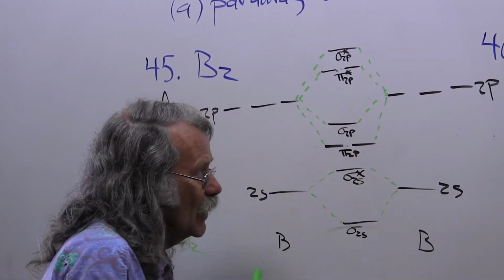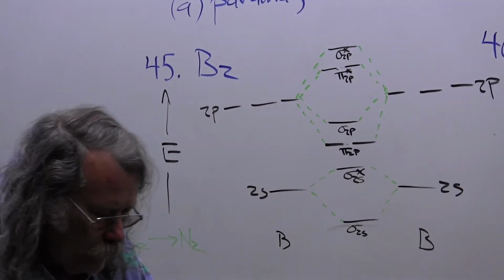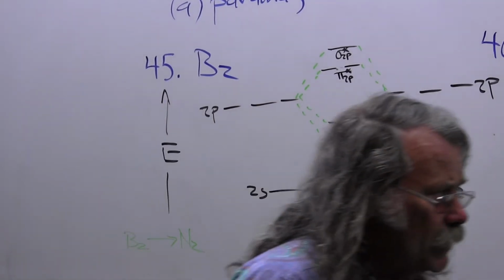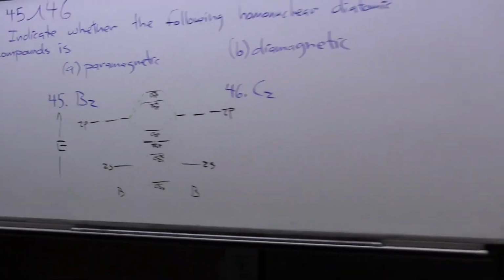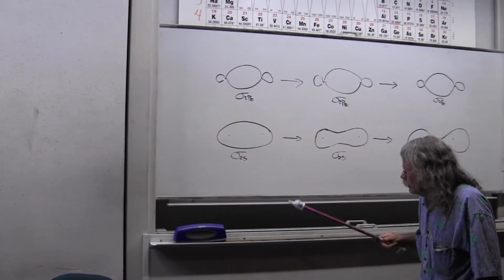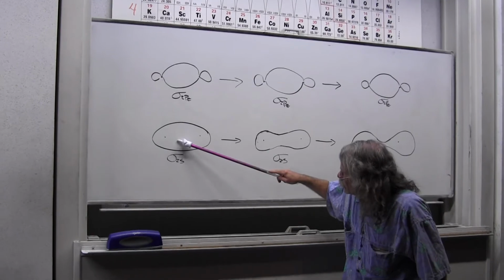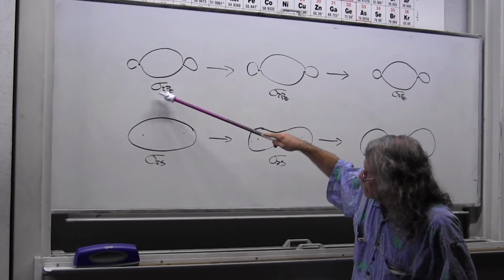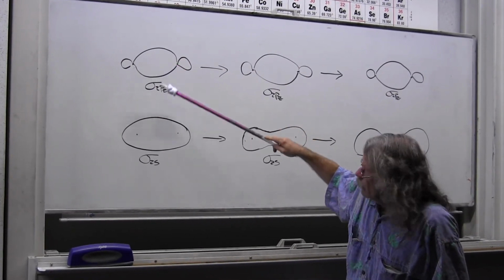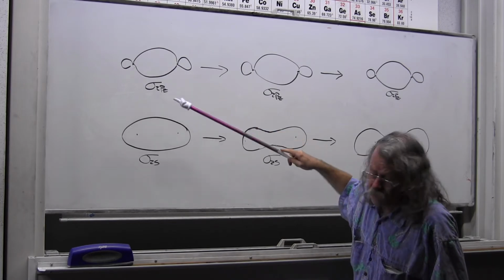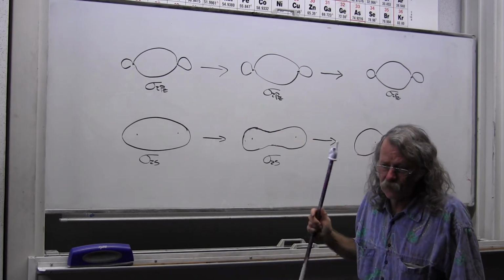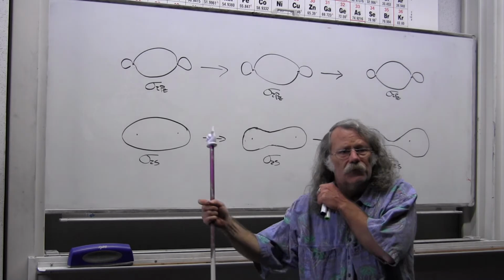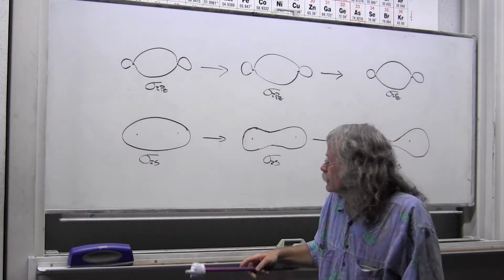The rationale is best understood when we take into account the nature of the sigma 2s and the sigma 2pz. The 2pz, we're taking the z-axis, arbitrarily assigning the axis connecting the atoms as the z-axis.